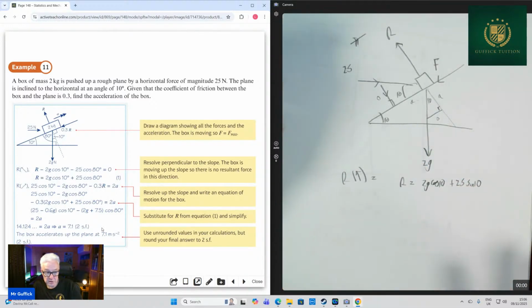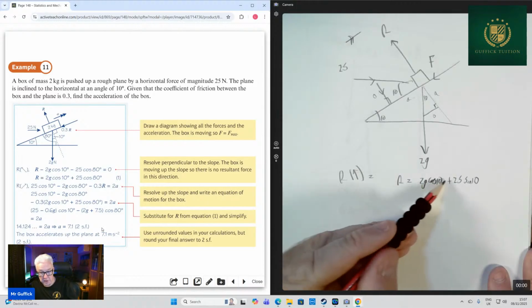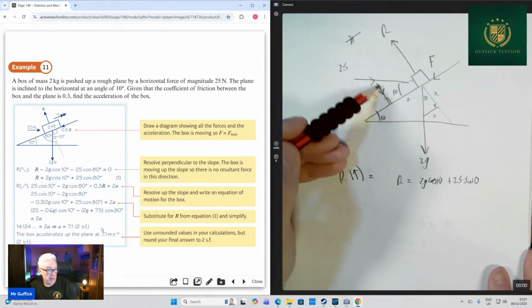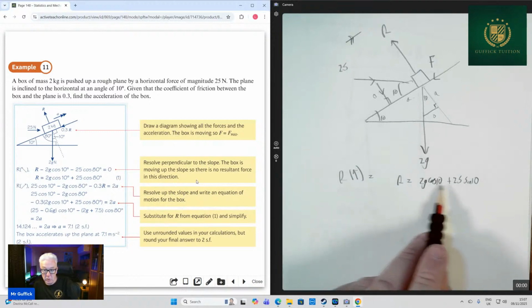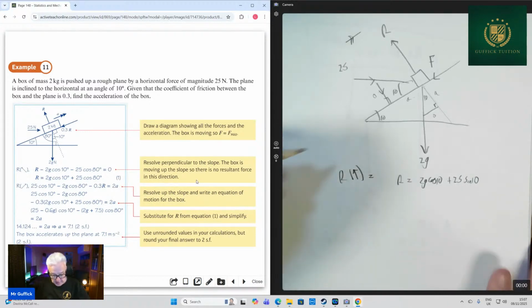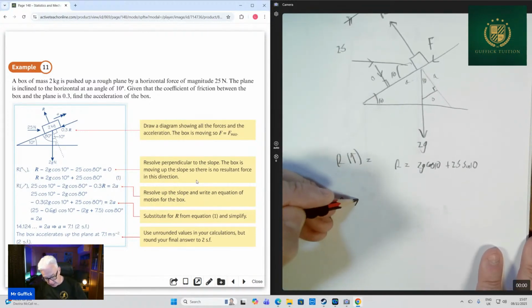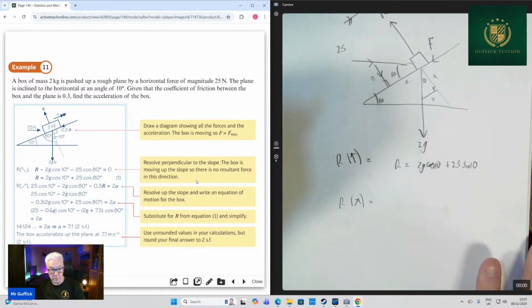Now they've chosen to write it as cos of 80 in the textbook, but I've just written it as sine of 10 from this triangle here. I hope that makes sense. So that's our equation for resolving perpendicular to the plane. And that's really good, actually, because we know everything when we resolve in that particular direction, all of that can be worked out. So now let's resolve going up the plane, because the object is being pushed up the plane.